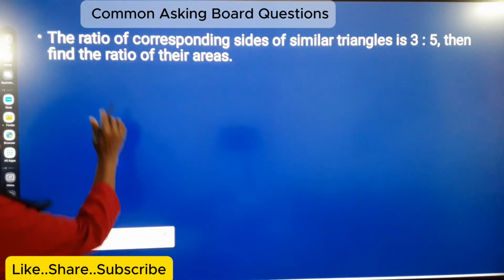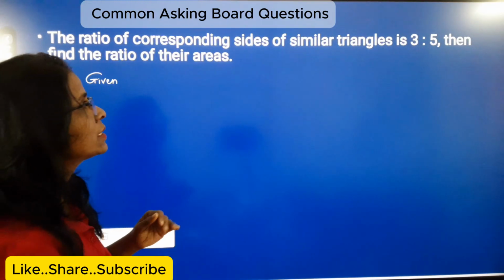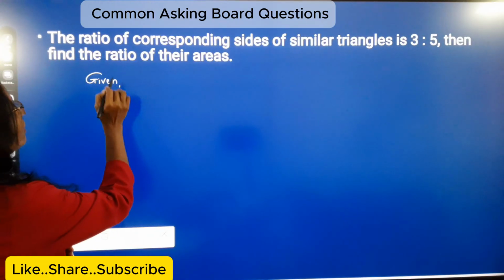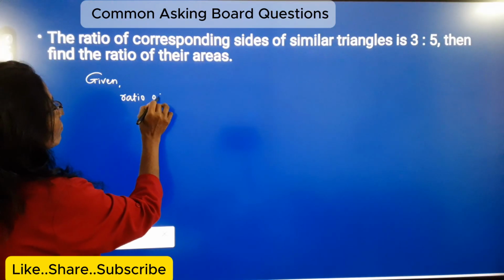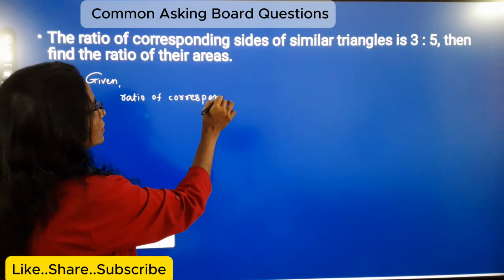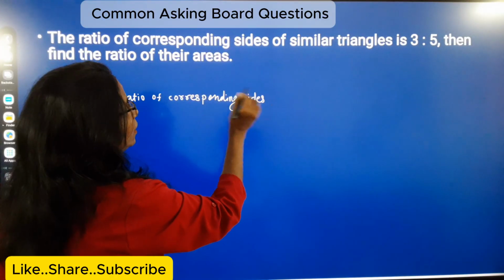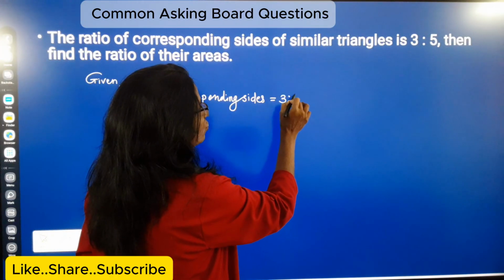Here given is that the ratio of corresponding sides of similar triangles is equal to 3:5.